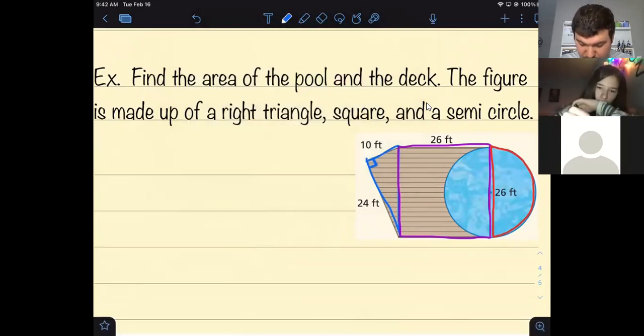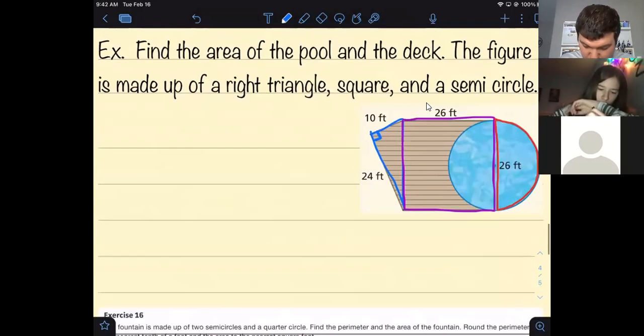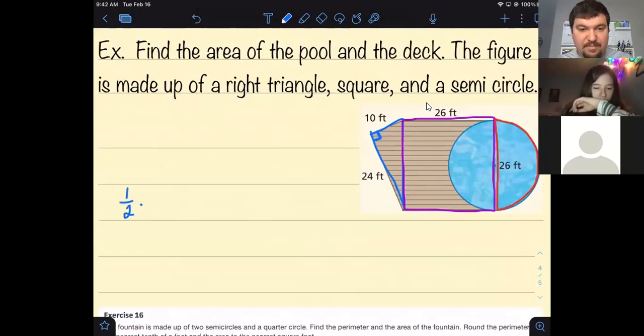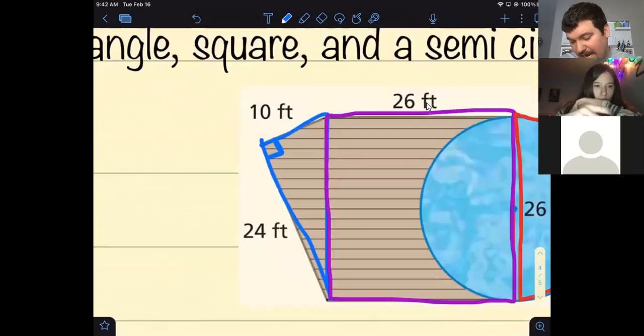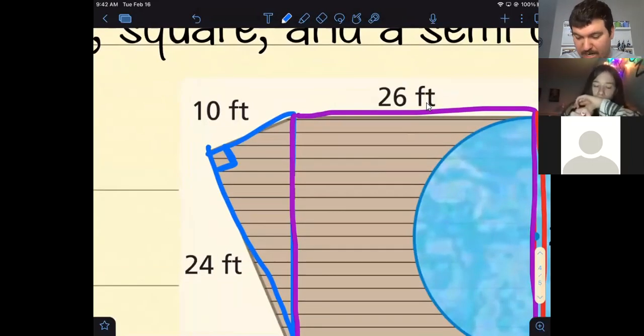The formula for a triangle is 1/2 times the base times the height of that triangle. And the base and height always meet at a right angle. So that right angle right here means that the 10 must be our base and the 24 must be our height, or maybe the 24 is our base and the 10 is our height.